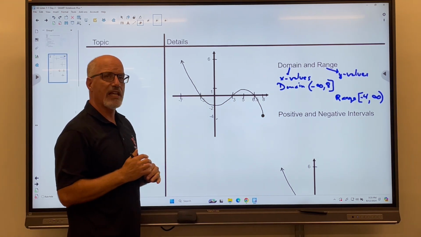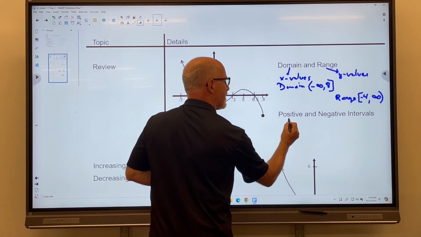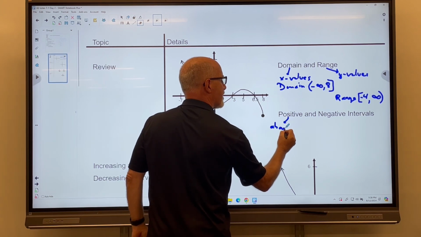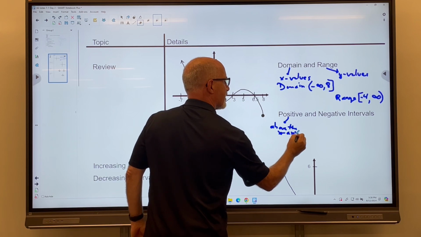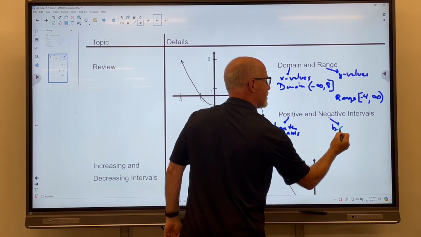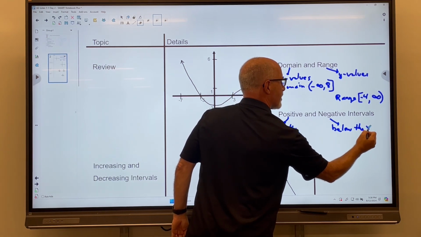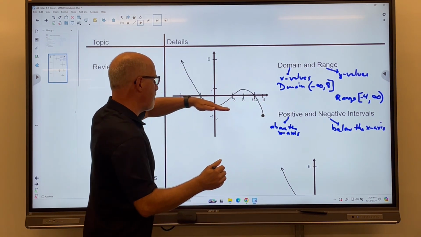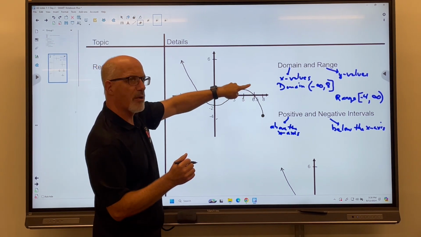Now, positive and negative intervals. For the positive, this is when it's above the x-axis. And this is when it's below the x-axis. When you look at above, you're looking at this part of the graph and this little part here.